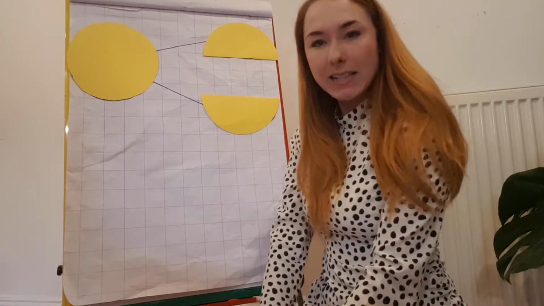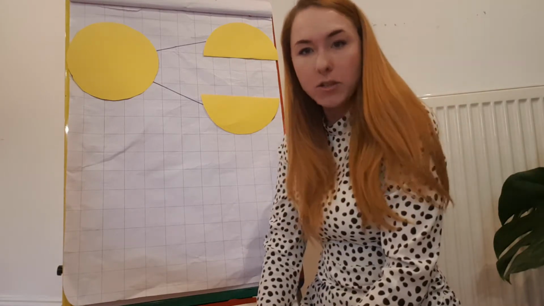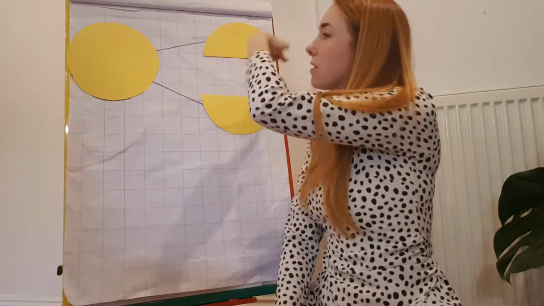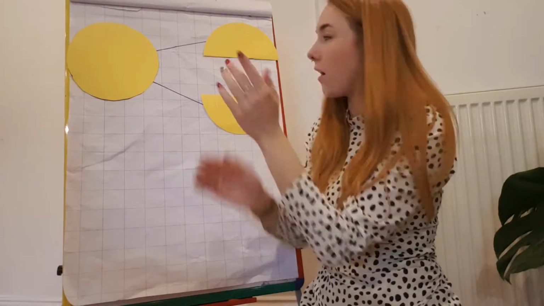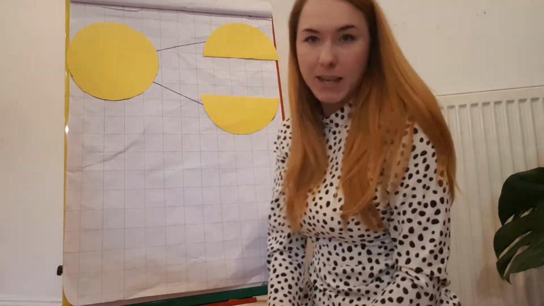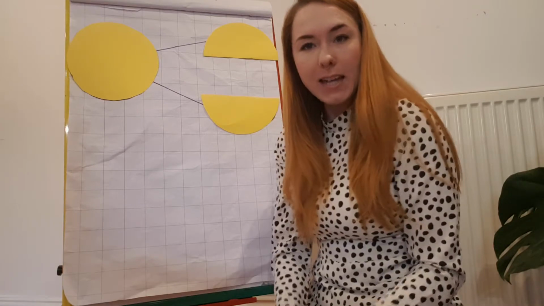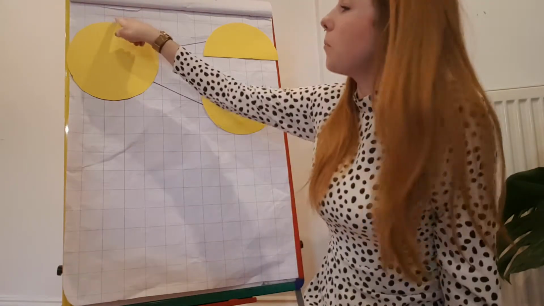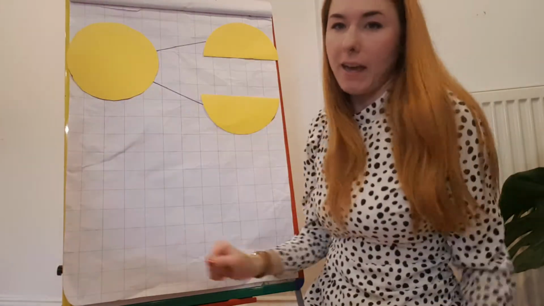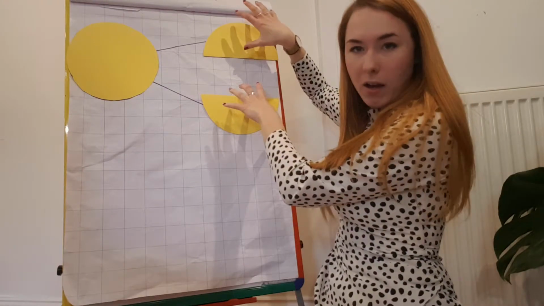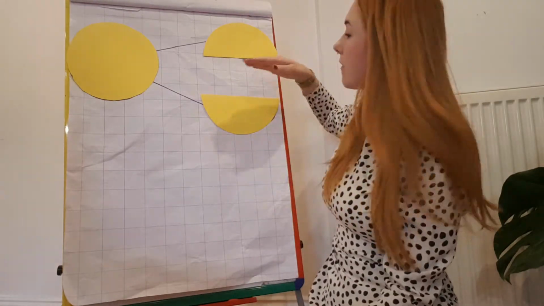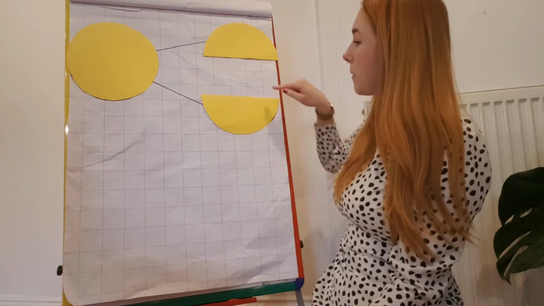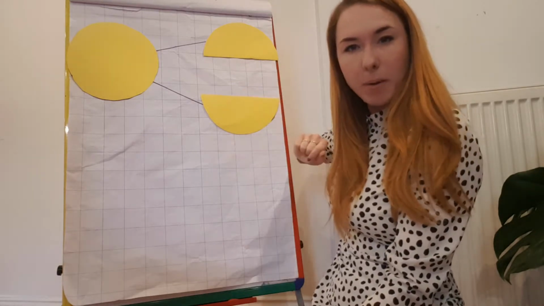And just as I have done, if you wish to make your own, you can do. All I've done is I've taken two circles, I've cut one in half to make my two parts here. Now, just as in a part whole model, we have our whole number over here and then our two parts over here. And you can see that these two parts are shaped a little bit differently to when we normally have circles in a part whole model.